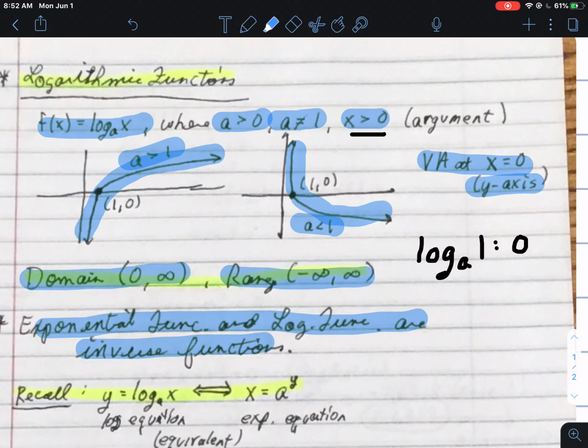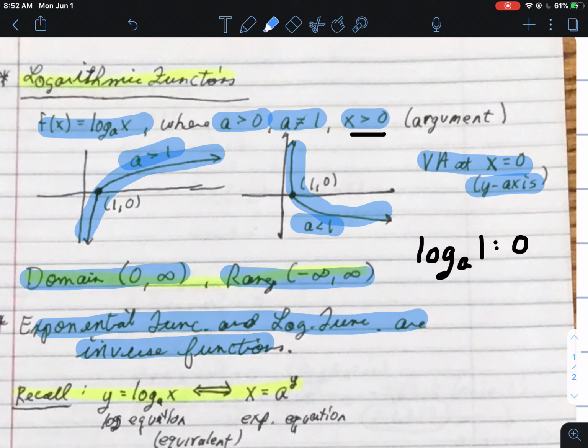Now, another way you can remember this is the relationship between the log functions and the exponential functions. They are inverse functions. And one key relationship you may remember between inverse functions is that their domains and ranges are reversed. When we look at the function f of x equals a to the x, we plug in a value for x and we get an output.